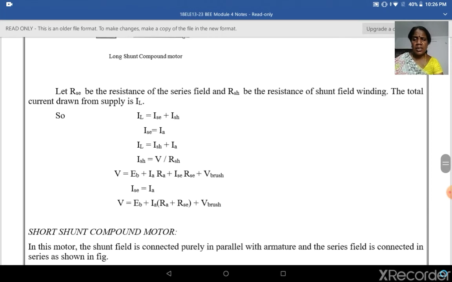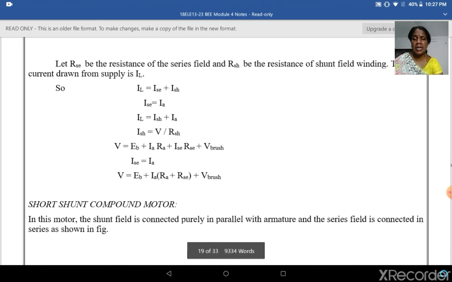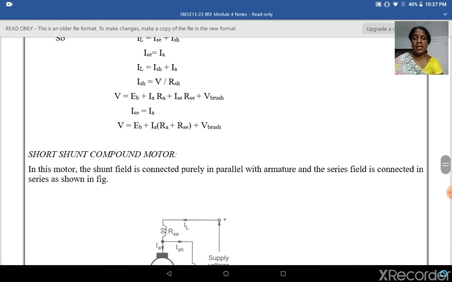Here the load current is the series winding current plus the shunt current. But ISE is the current through the armature, that is IA. So IL is equal to ISH plus IA, and ISH is equal to V by RSH.